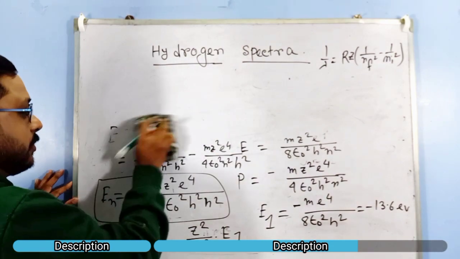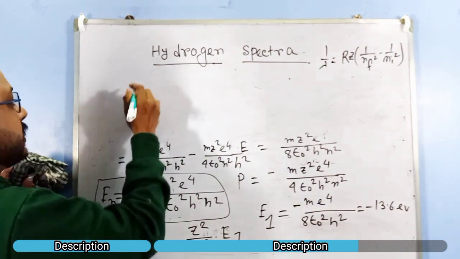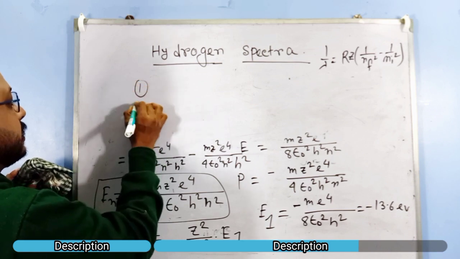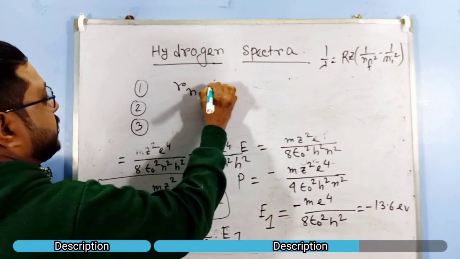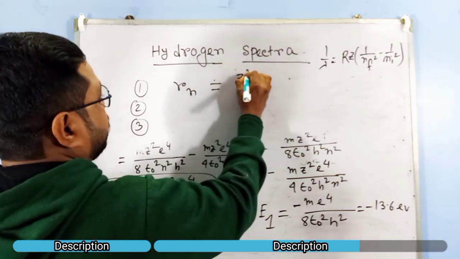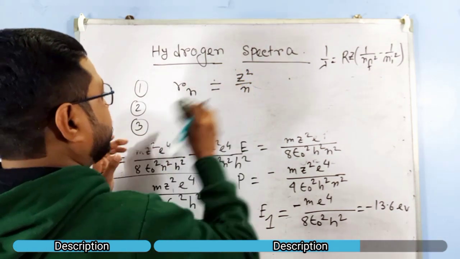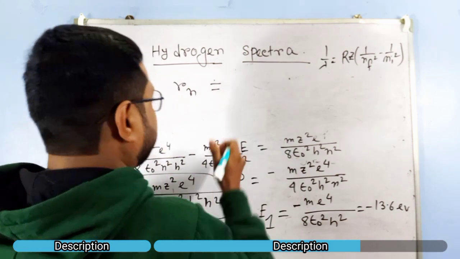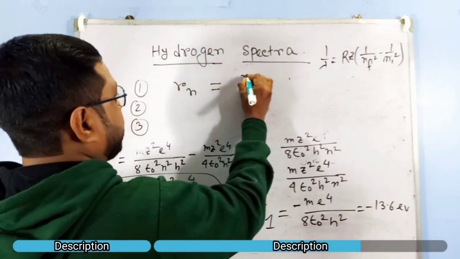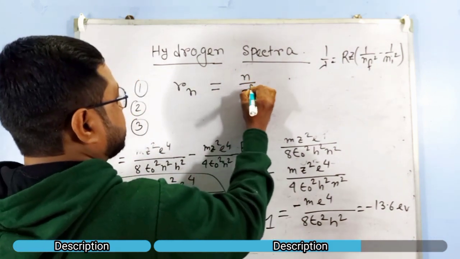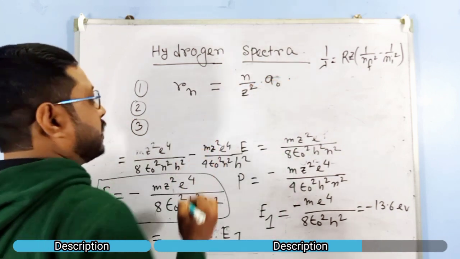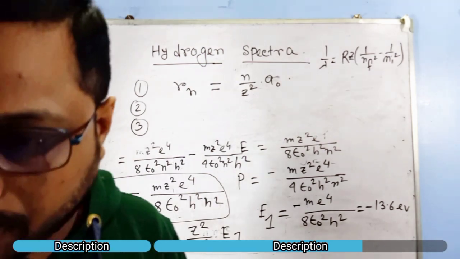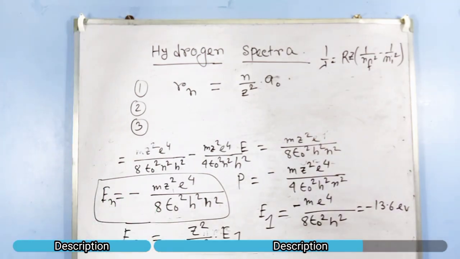So if we get the summary, then we can get that Rn must be equal to n square by Z into R1 or A0.